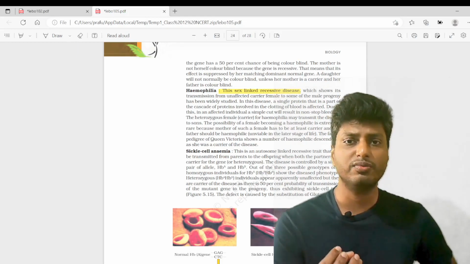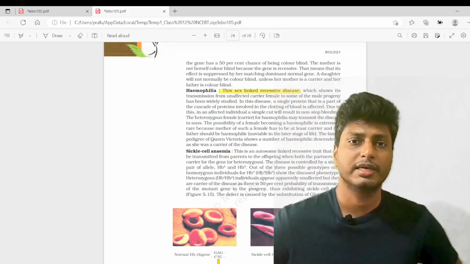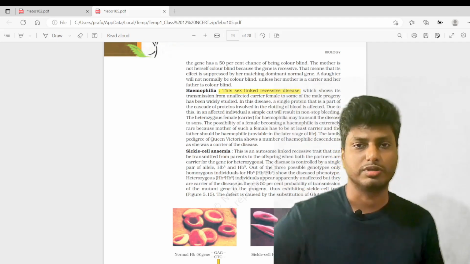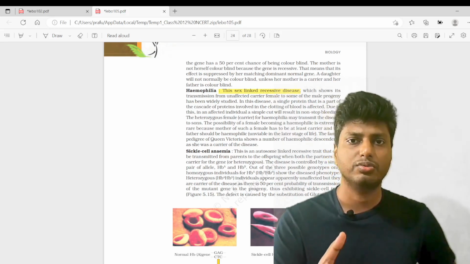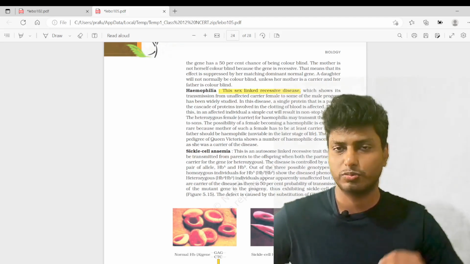The reason why males suffer more from this is that the gene is present on the X chromosome. Humans, the males, only have X and Y chromosomes, whereas the females have two X chromosomes.